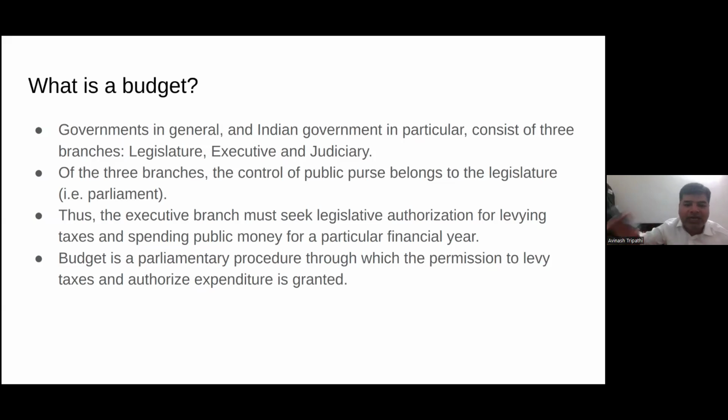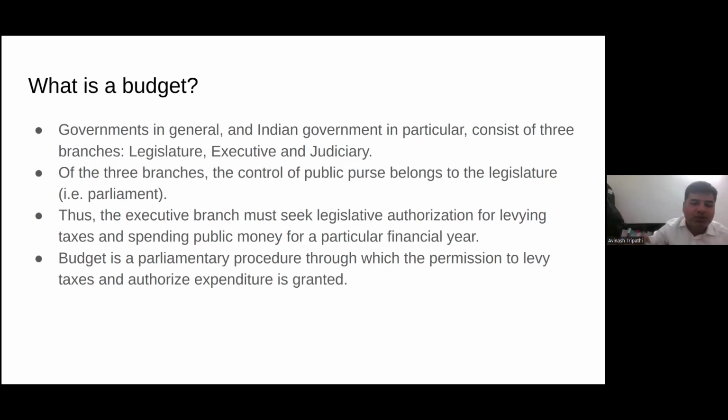Secondly, you have the executive. The executive is headed by the council of ministers, which is headed by the prime minister. The council of ministers consists of the prime minister, minister of finance, minister of external affairs, minister of commerce, and a number of other ministers.